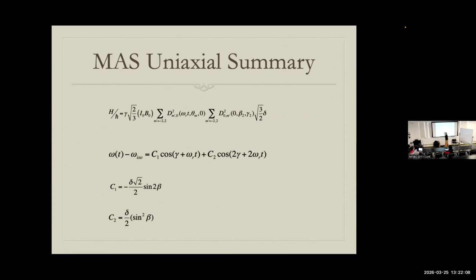So there's a displacement from the isotropic shift, with a cos omega R piece and a cos 2 omega R piece. And these are just projection factors for the dipole strength. Delta, which again is a function of the nucleus, gamma, and 1 over R cubed. And that oscillates and absolutely averages to 0.